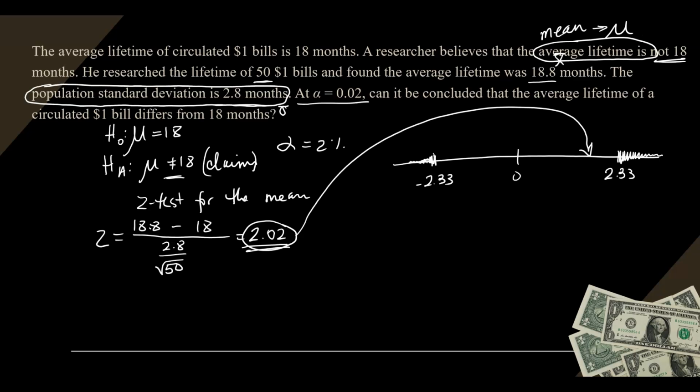Or alternatively, I can look at the p-value: what is the probability of getting such a z-score? The probability of z being greater than 2.02, and how does that compare to the 2%? Let's look this up.